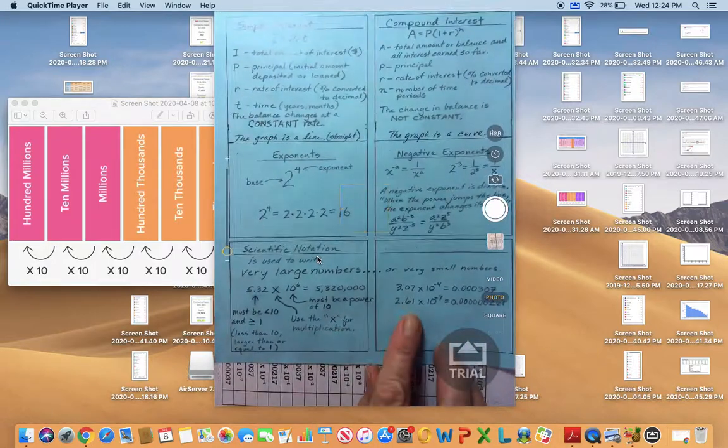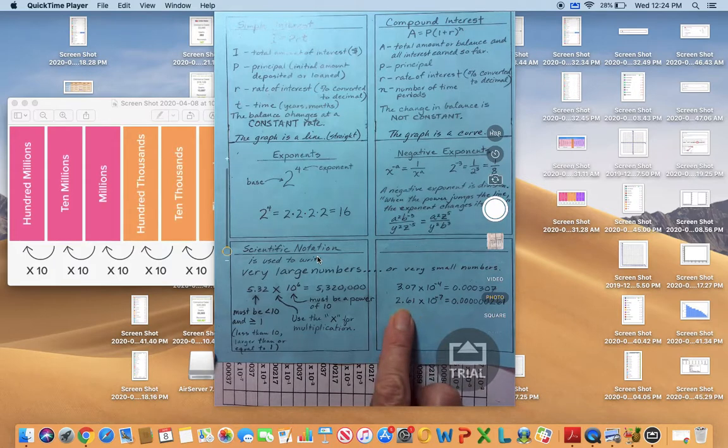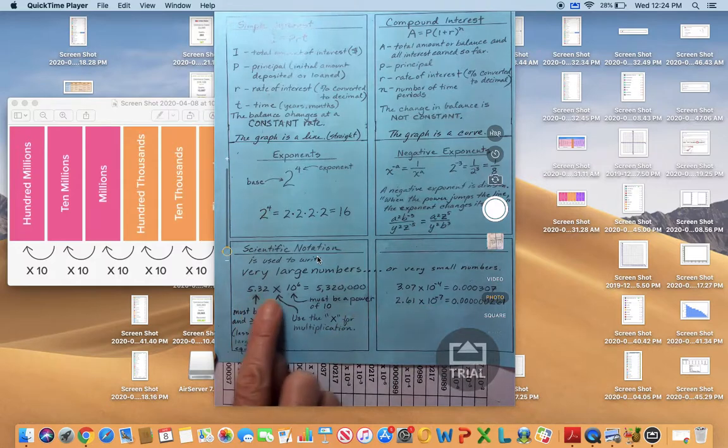All right, on your math notes, math toolkit, these are examples of very small numbers in scientific notation. And let's take a look at these in a little more detail. Scientific notation for very small numbers has two things that are exactly the same as it is for large numbers, and one big difference.